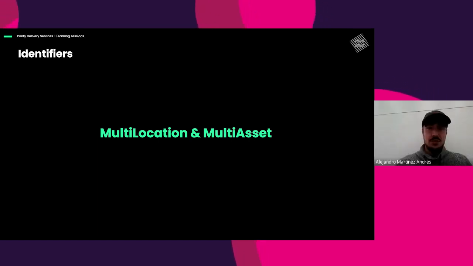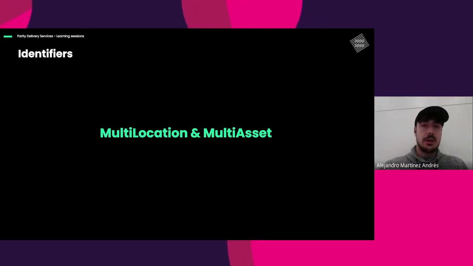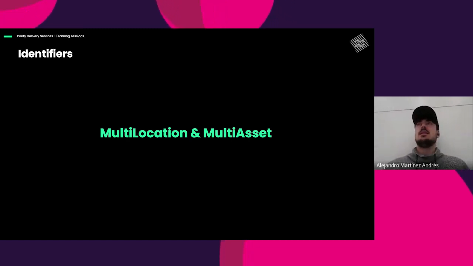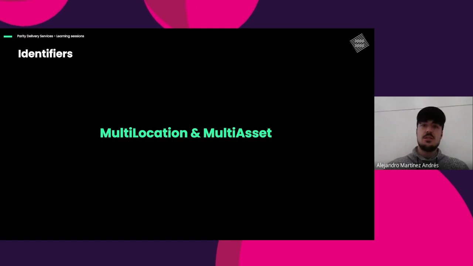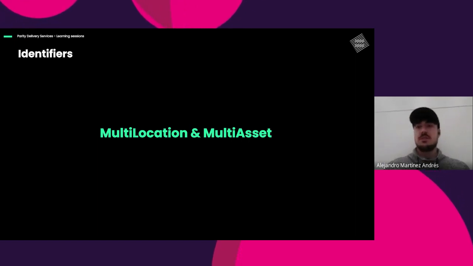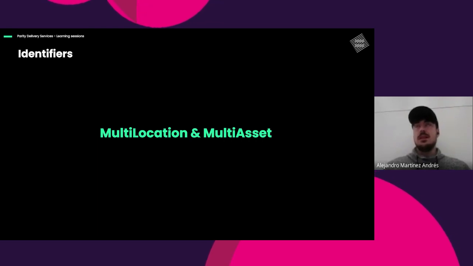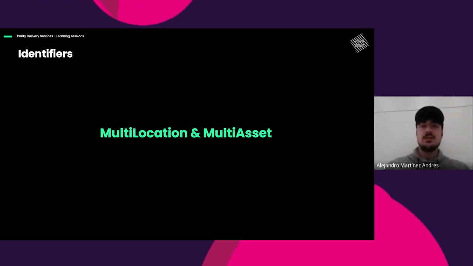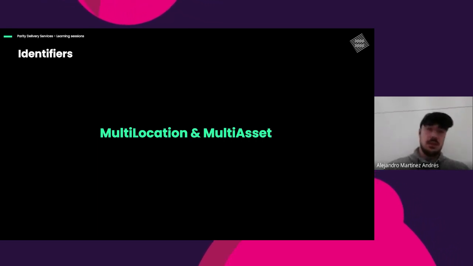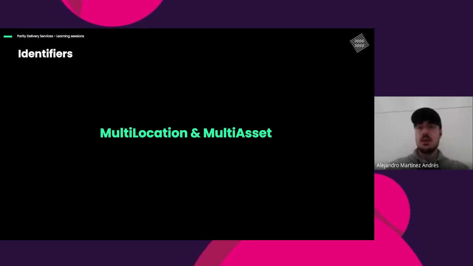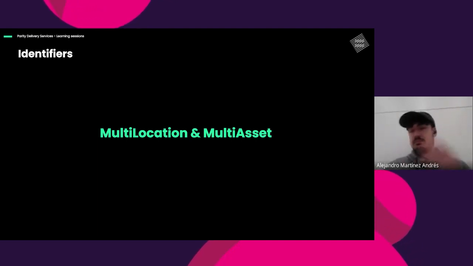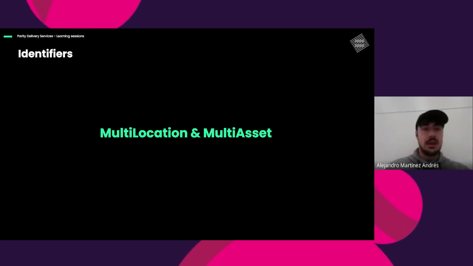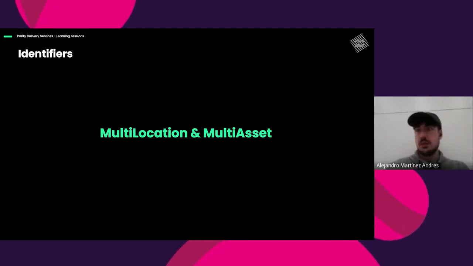Thank you very much. Here we will be covering multi-location and multi-asset, which are two structures of information used for defining all the information around referring to other consensus systems in the case of multi-location, and different assets that will be used, transferred, or moved in the case of multi-asset.